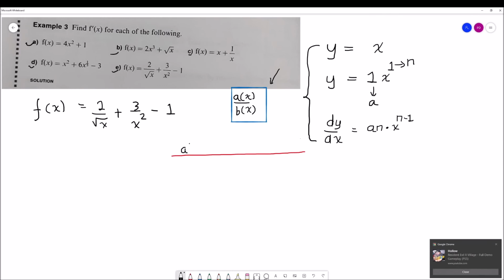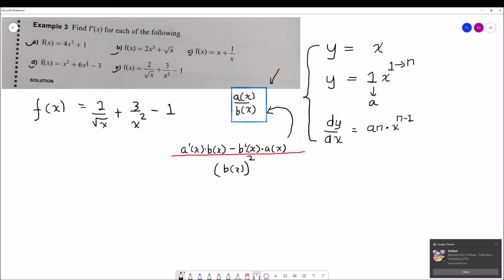So the derivative of the numerator function multiply by the denominator function minus the derivative of the denominator function multiply by the numerator function whole over the square of the denominator function. And that's how we differentiate a fraction. But this is a topic for future.